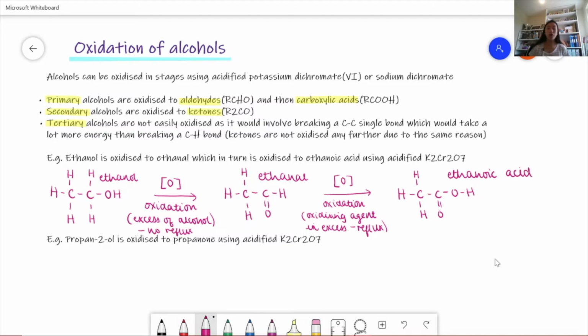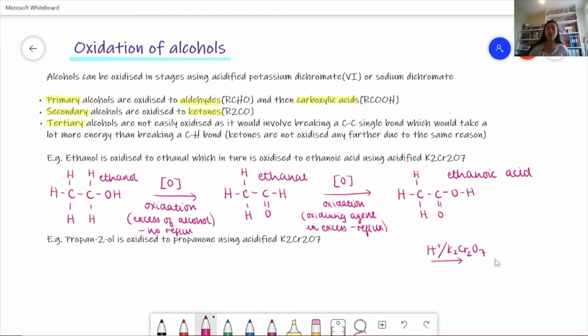The O with the square brackets indicates that we're oxidizing. However, we can also write arrows like this. So you can have an arrow and you'd write H+ because it's acidified potassium dichromate, and you would put down the potassium dichromate. And so this could be used instead of the O with the square brackets.